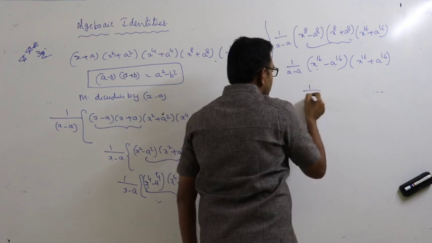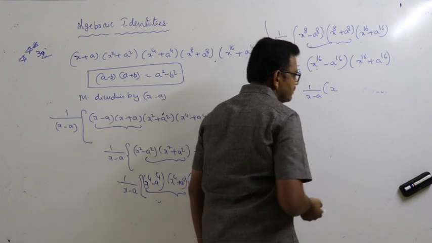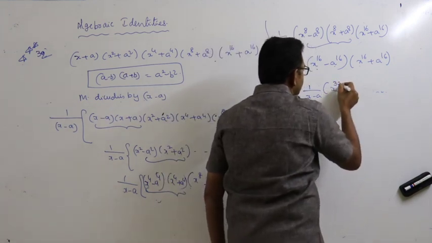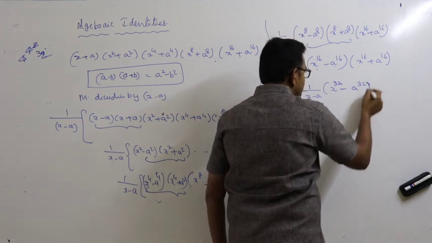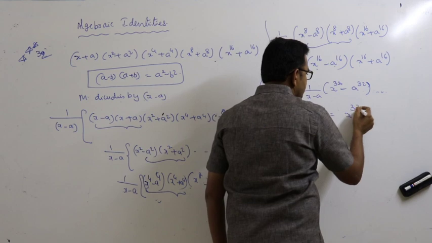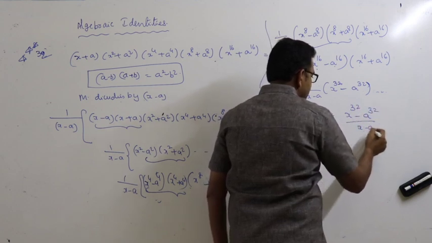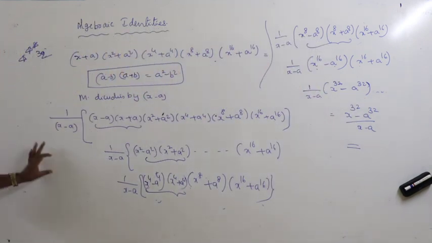So 1 by x minus a into x to the power of 16 whole square, that is x to the power of 32 minus a to the power 32, divided by x minus a. Note this point.